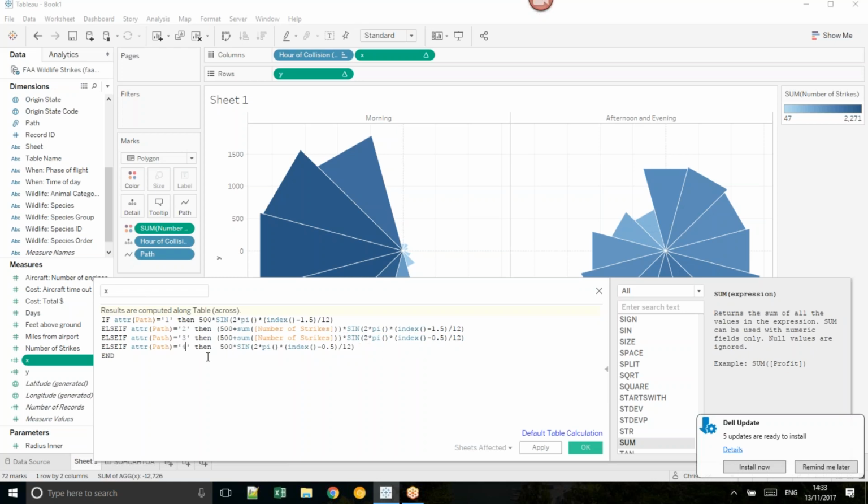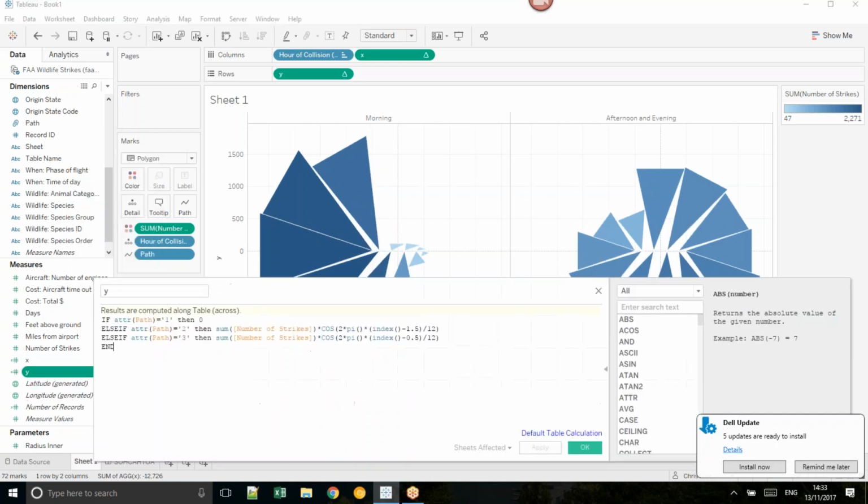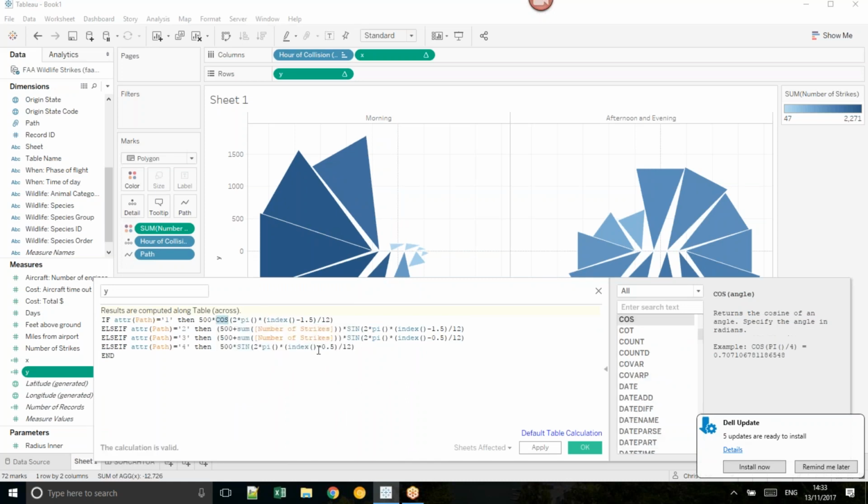And we want to do that if the path equals 4. Now I'm going to copy this and just use it for my Y value. Paste it. That's a cos. That's a cos. That's a cos. And that's a cos.